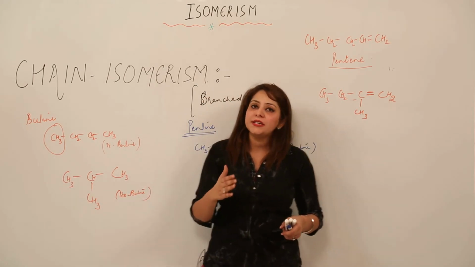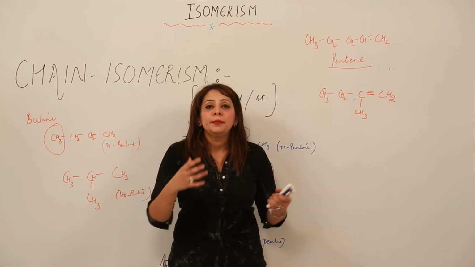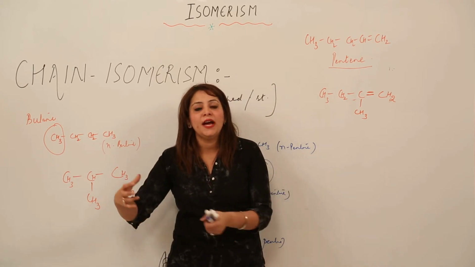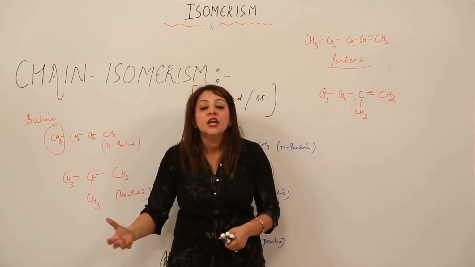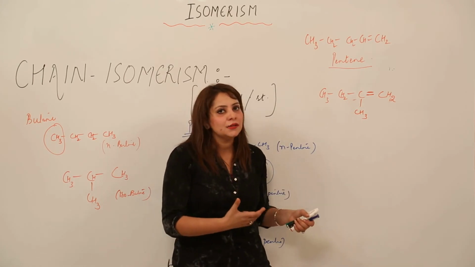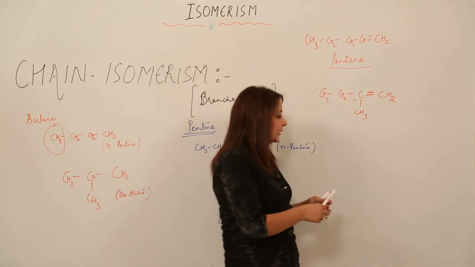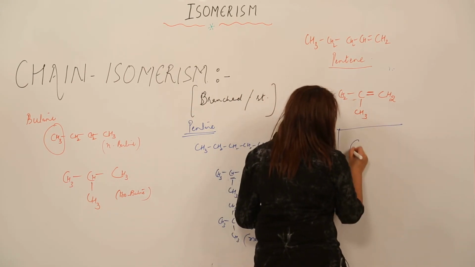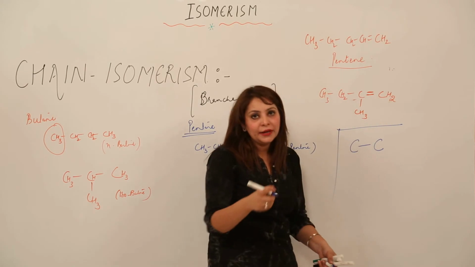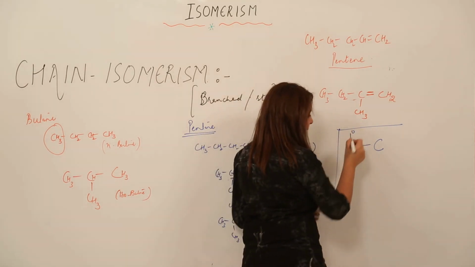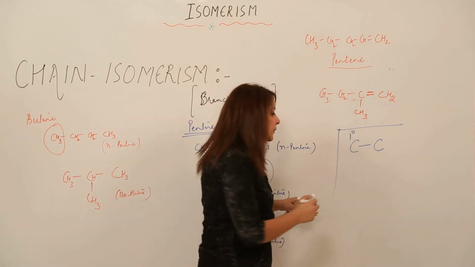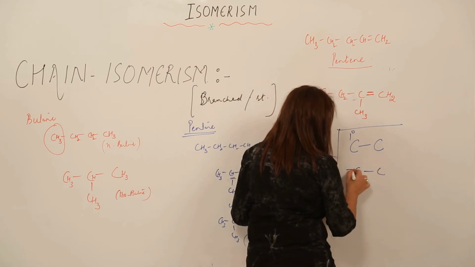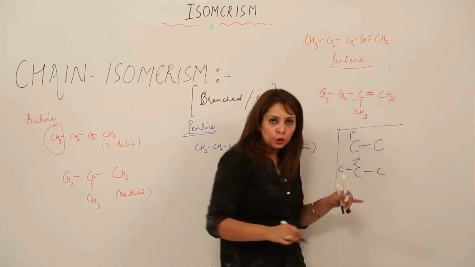And moreover, we did in organic chemistry that we have primary carbons, secondary carbons, tertiary carbons, and quaternary carbons. I think you remember, but I will still review it. So, just look at the board. If one carbon atom is directly attached to one other carbon atom, it is said to be 1 degree. If one carbon atom is attached directly to 2 carbon atoms, it is said to be 2 degree.